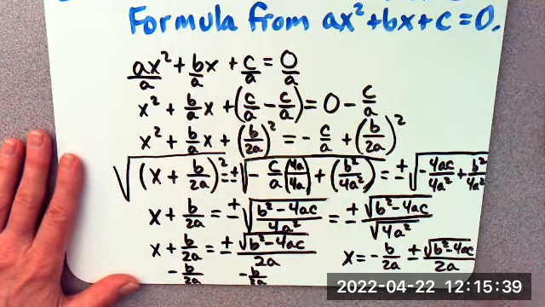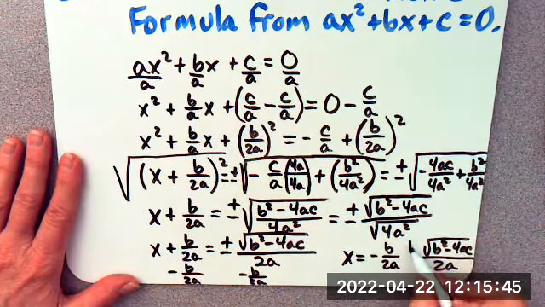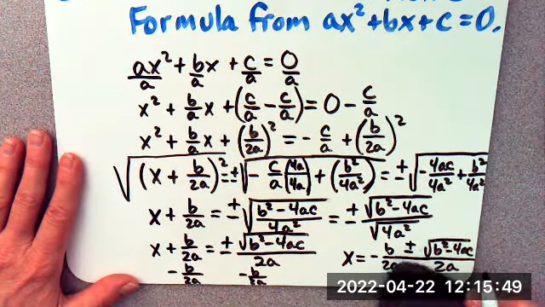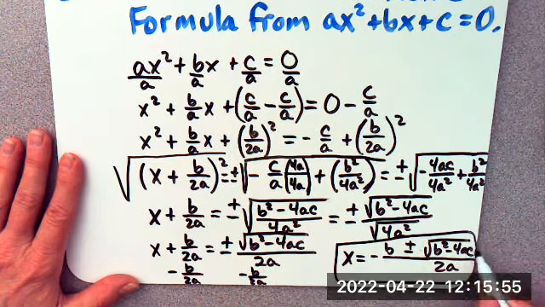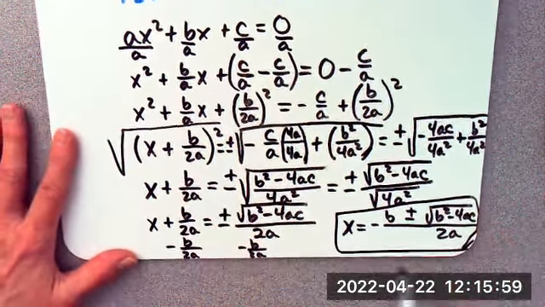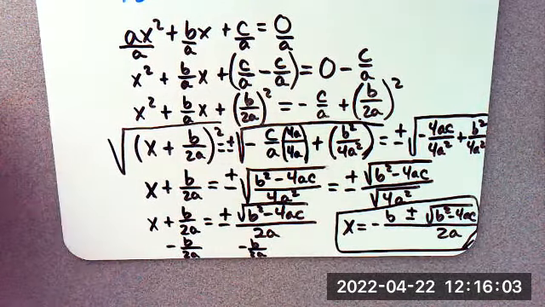So if we want to make this easy on us, that's the same denominator. We can just change this up and put the plus or minus a little higher. And there we have the quadratic formula. Okay, so that's the importance of completing the square. It's a lot of work, but we derived the quadratic formula.